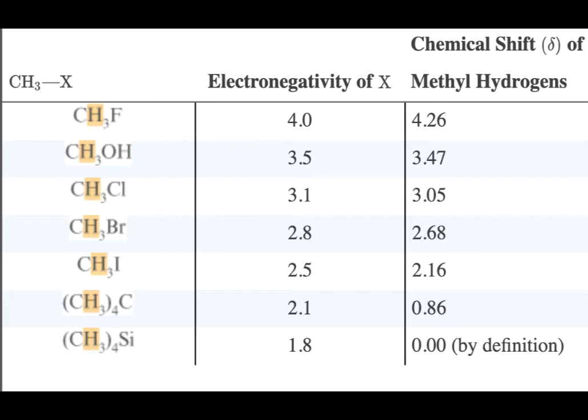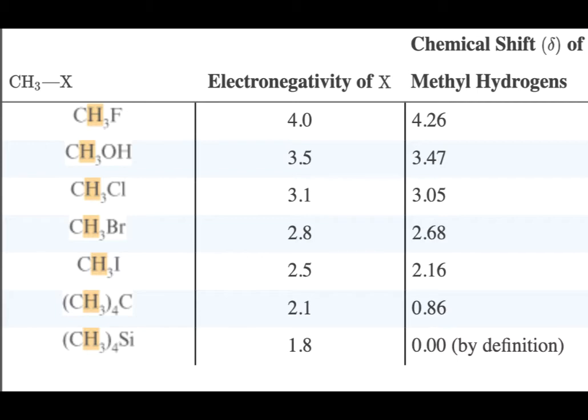All right, so back to the table. Well, let's just talk through the very first example on the table. That's methyl fluoride. And with an electronegativity of 4, that's actually the strongest electronegativity in the periodic table. Fluorine is the most electronegative element, and that's consistent with it residing in that top right corner of the periodic table.